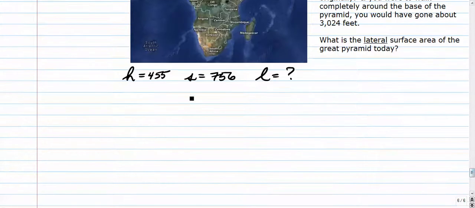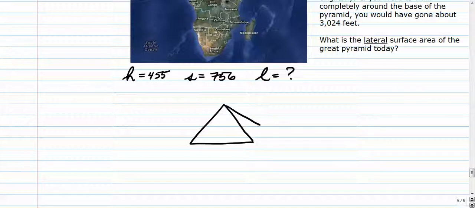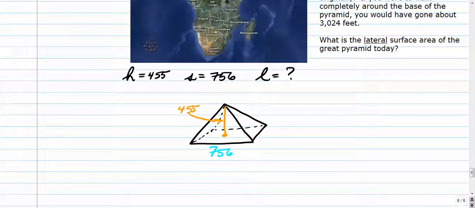So what I want to do is draw a little picture for myself. I'm going to put a triangle and then finish it like that. 756 is this distance. It's also this distance right here. And the height we just read is 455. And we want to calculate the slant height.